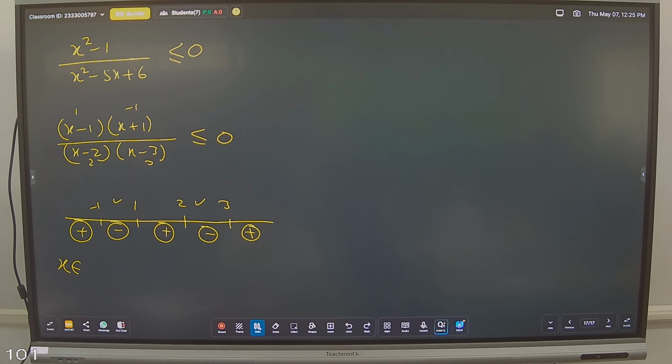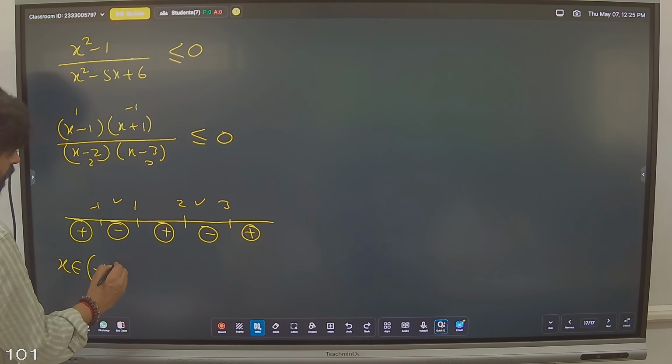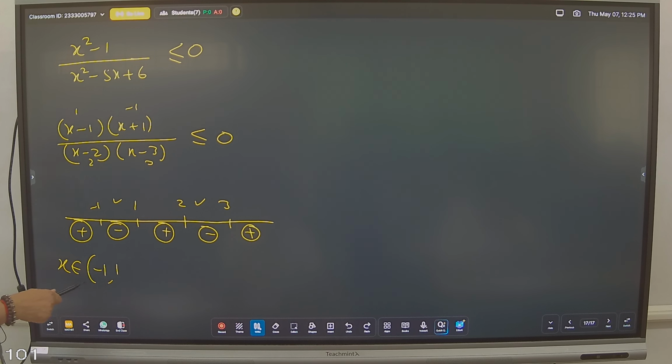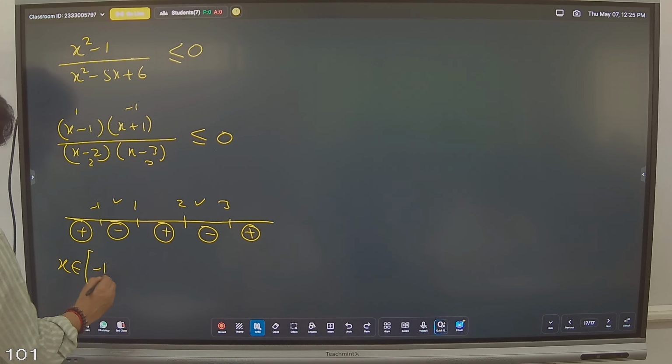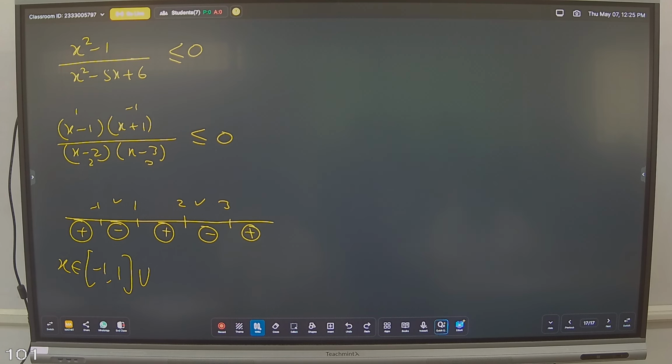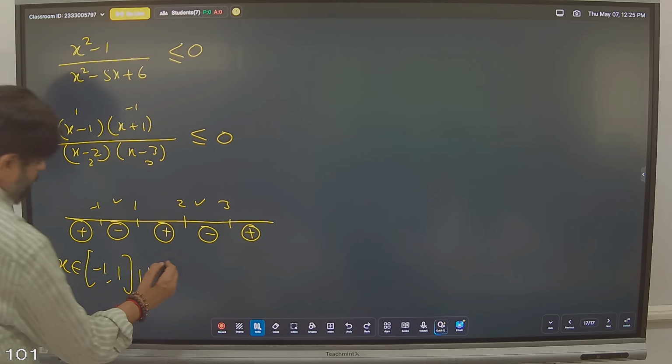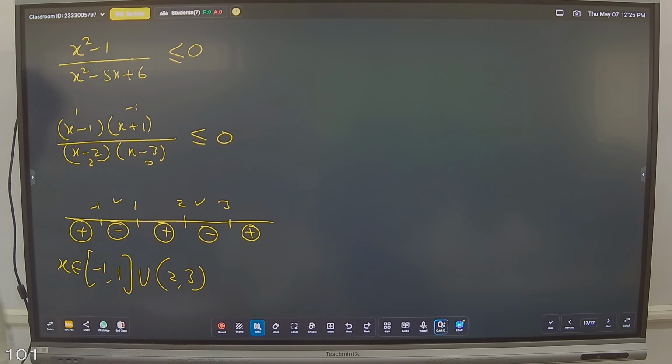Minus 1, open or close? This is a numerator critical point, so it will be close. Union, 2 to 3. Open or close? Open. This is the answer.